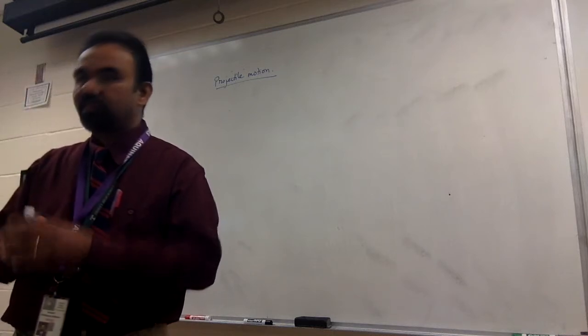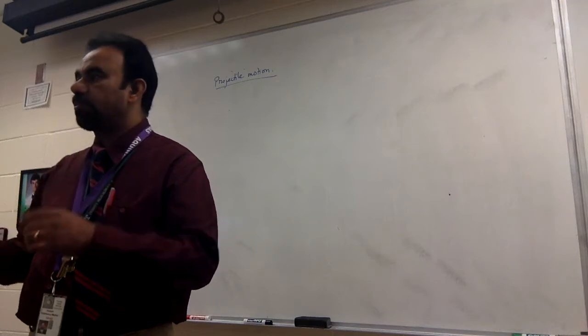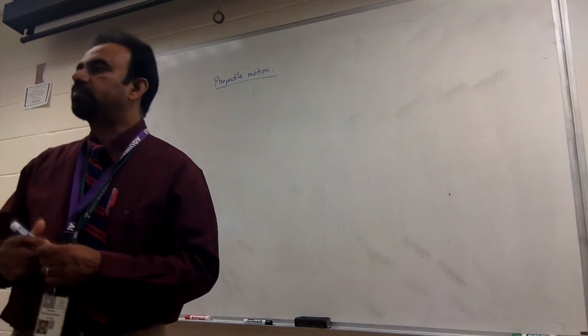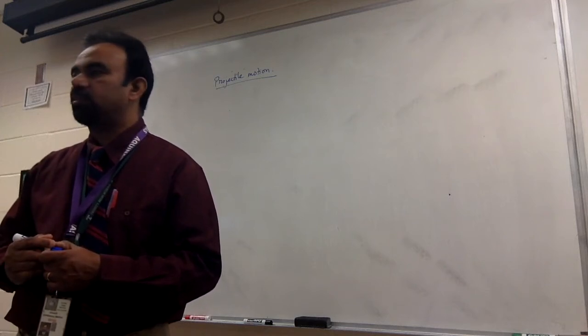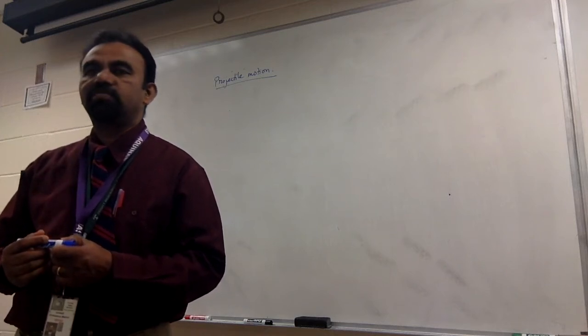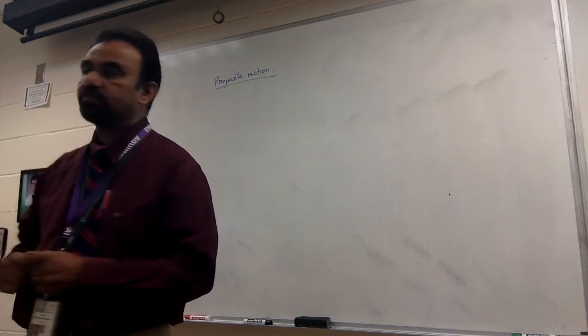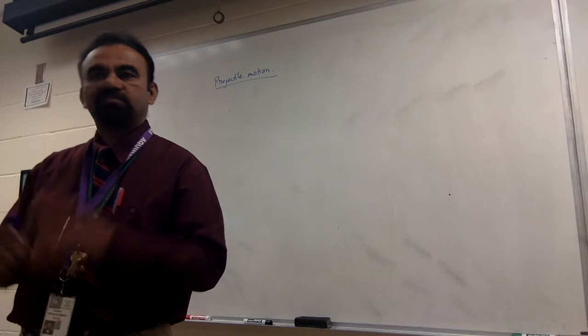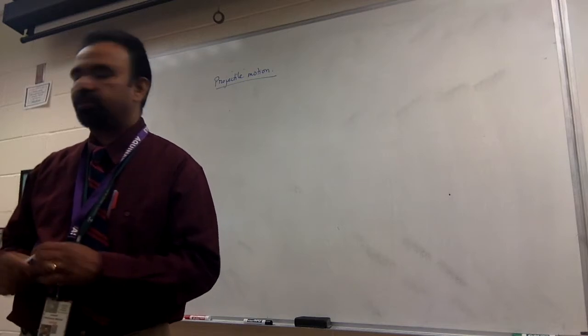I won't do that because then it'll look like too many variables to handle. Instead, I'll show you a method which is very easy, and you can solve even the toughest projectile motion questions with ease. Okay? Of course, you can't make silly mistakes. You have to work the right way.